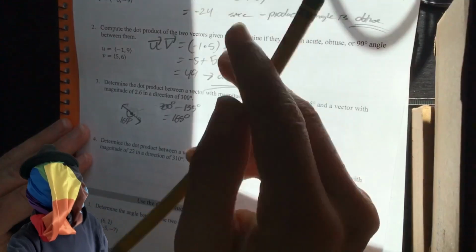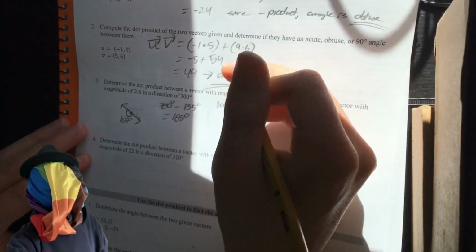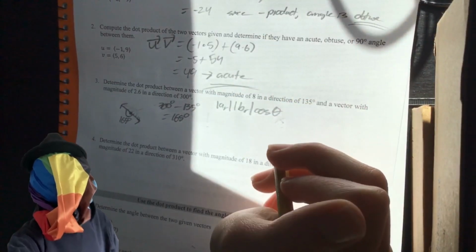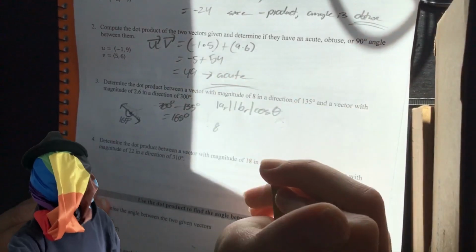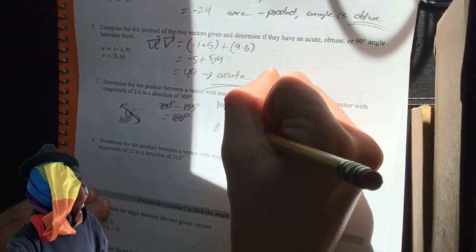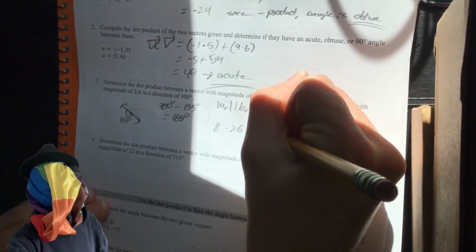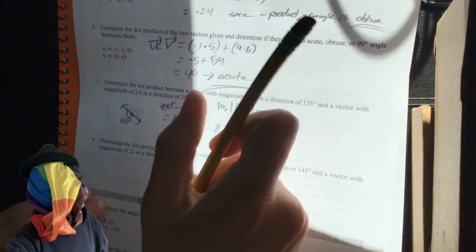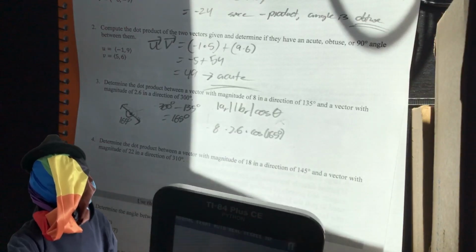So we can just multiply it. We got 8 times 2.6 times cosine of 165 degrees. Throw that into the calculator. Let's make sure we're in degrees currently.